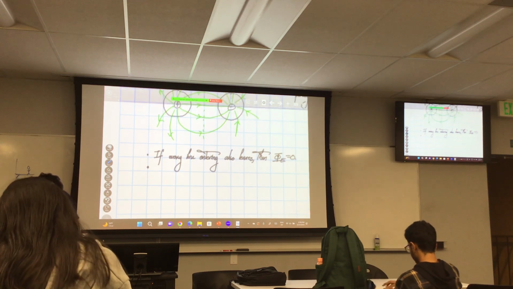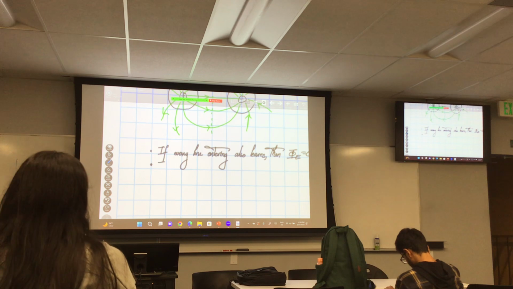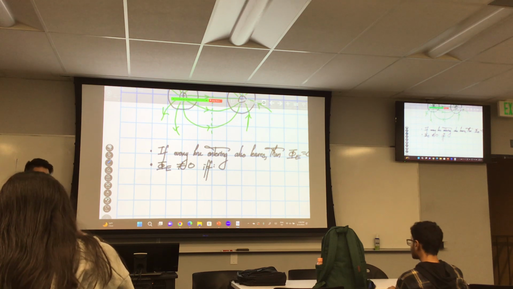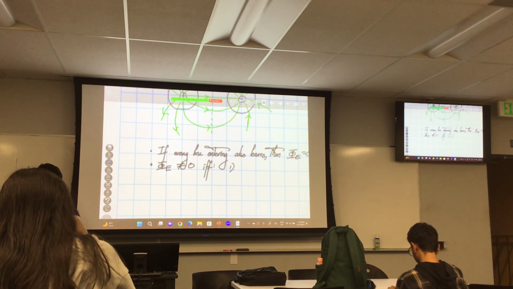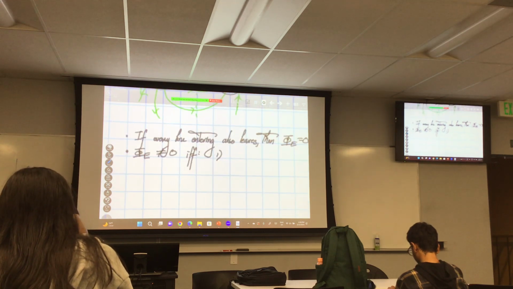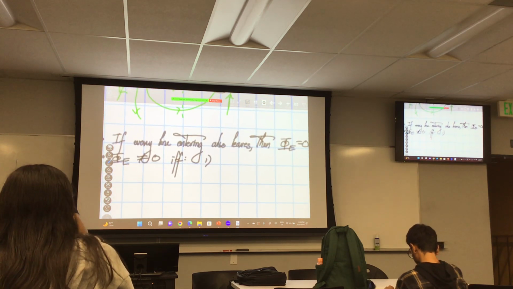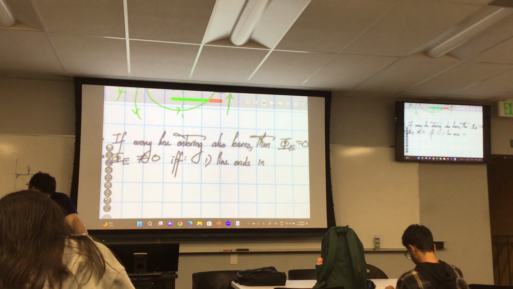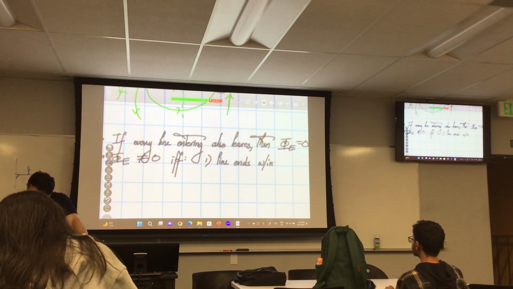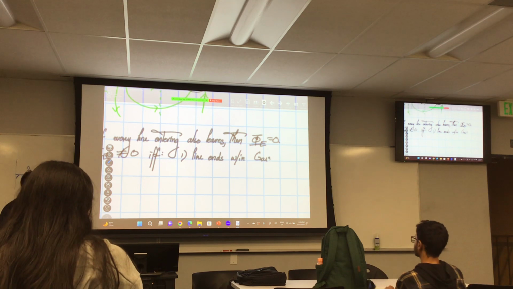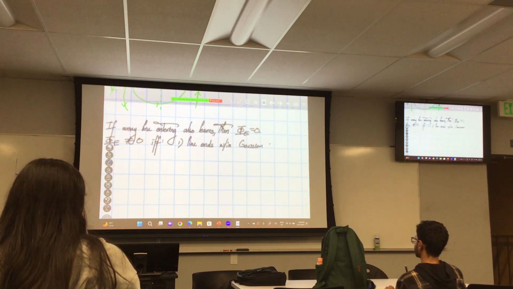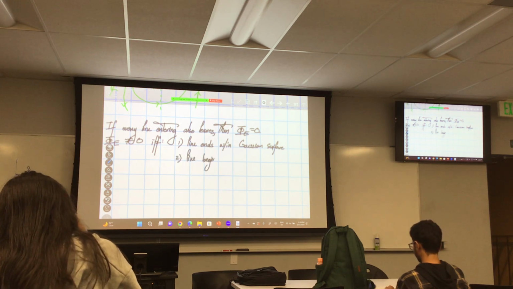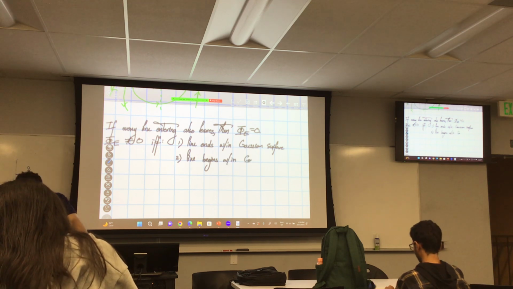Alternatively, the flux is not equal to 0 if and only if either one of these conditions are met: a line ends within the Gaussian surface, or a line begins within the Gaussian surface.